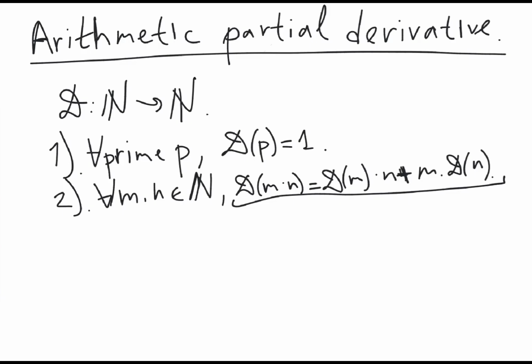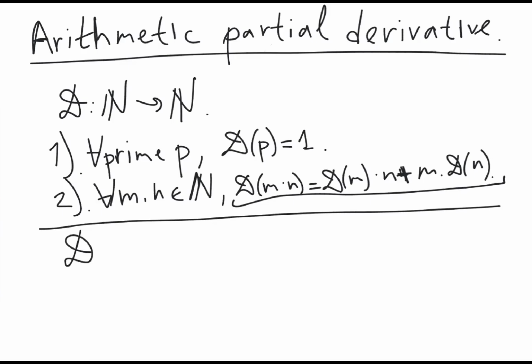So basically now the idea is to introduce the function d_p, with p as the index here. This would be a partial derivative with respect to the prime number p.